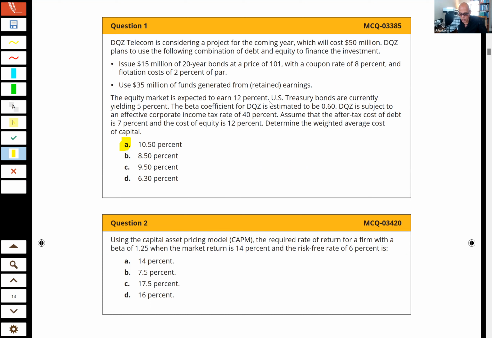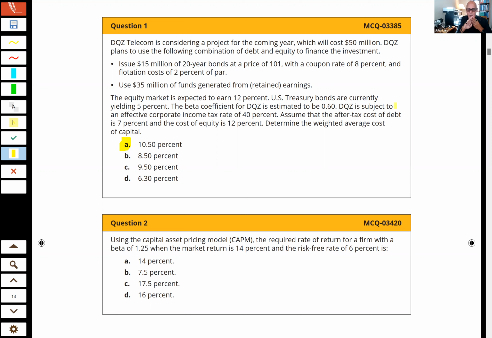Now you start looking at this question. You've got some choices for all 4 letters here. But you start to look and they set you up. They start giving you the elements that you would need to calculate the cost of retained earnings by using the CAPM model.